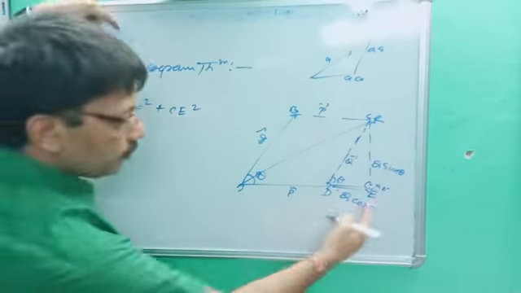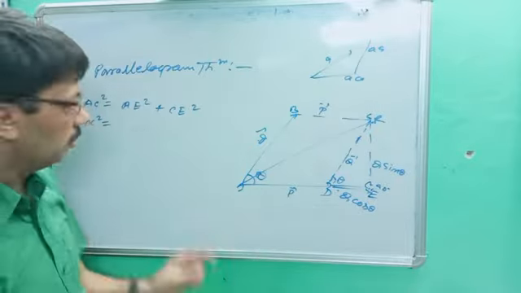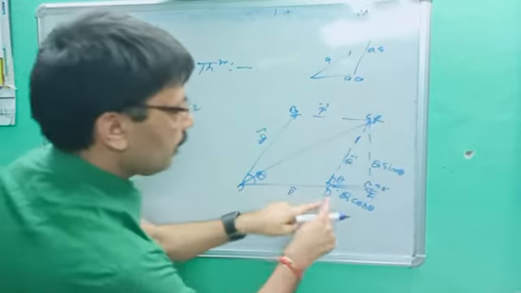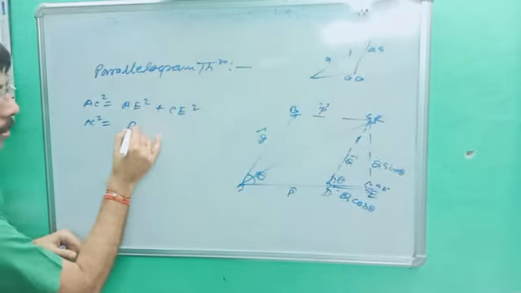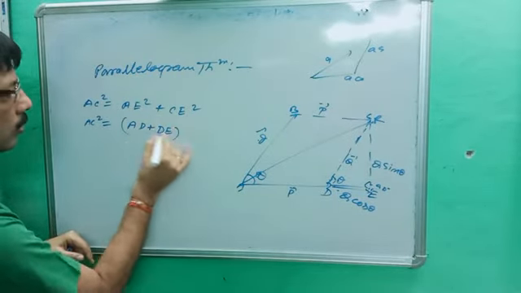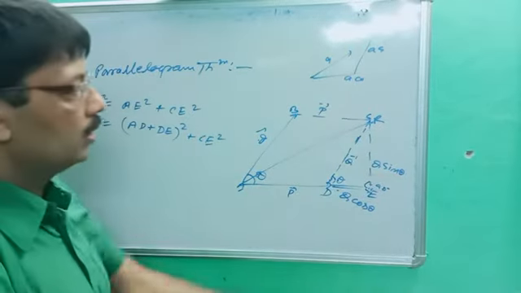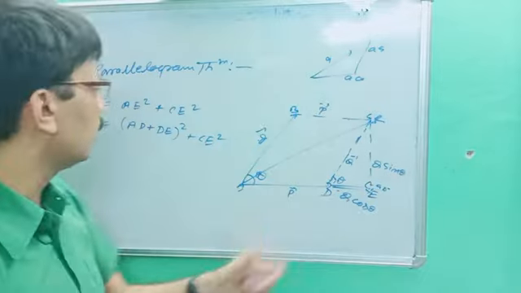What is AE square? AE is equal to AD plus DE. Are you getting? AE is equal to AD plus DE. So we can write AD plus DE whole square plus CE square. CE is very clear. It is Q sin theta. Okay.